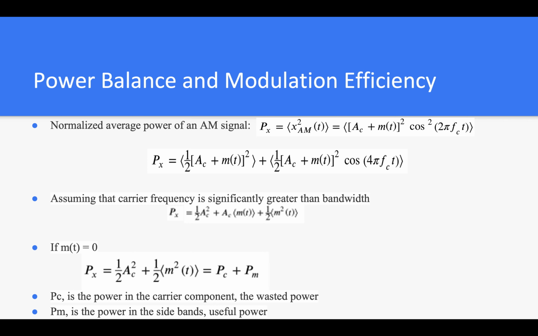All amplitude modulated signals have power, and it can be found by using the normalized average power equation. The power in the carrier component is considered wasted power and is denoted by Pc. The power in the sidebands is the useful power, and it's denoted by Pm.